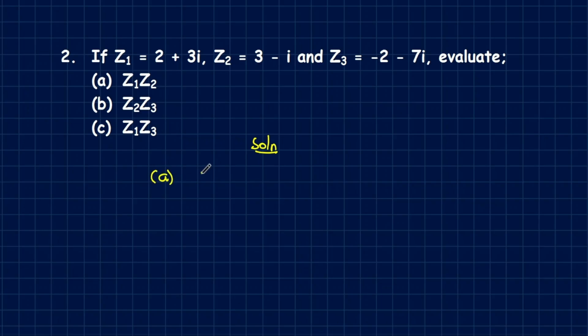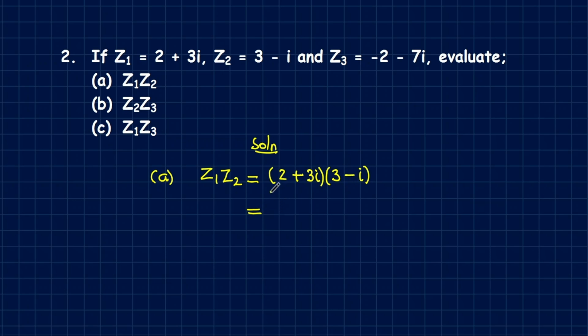This time we're going to use one color. So z1 times z2 is equivalent to, we can replace our z1 by 2 plus 3i, and z2 by 3 minus i. So we can distribute. By the way, you can also multiply directly from here if you don't want to distribute.